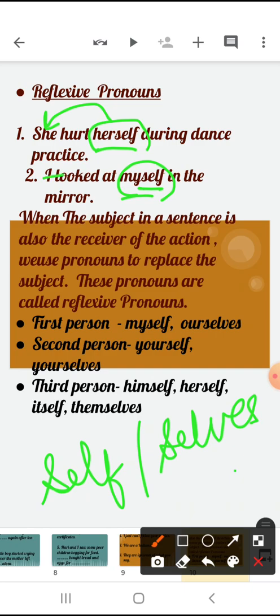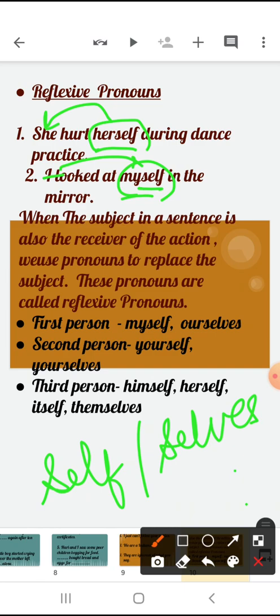Here I is used, so I reflects myself. When the subject in the sentence is also the receiver, she hurt herself, we are talking about she, and we are also saying that she herself.